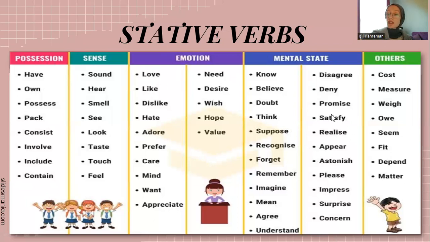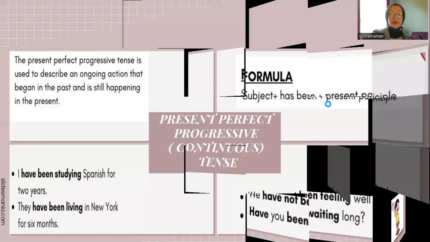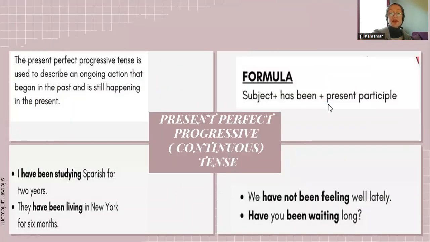Let's look at some of them: satisfy, deny, hope, adore, prefer, care, want, mean, agree, like that. And let's continue with our main topic, which is the present perfect progressive continuous tense. In Turkey, we use it with continuous tense.